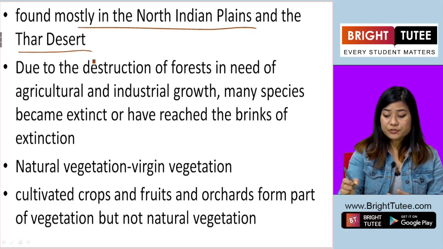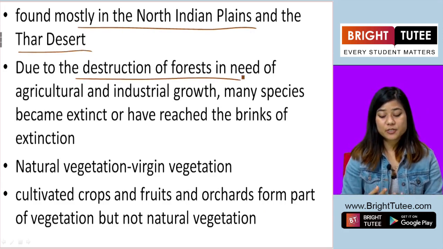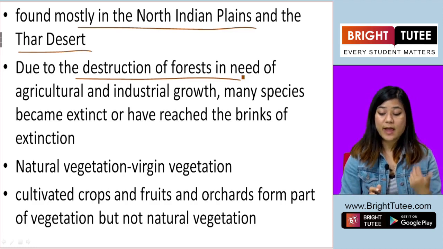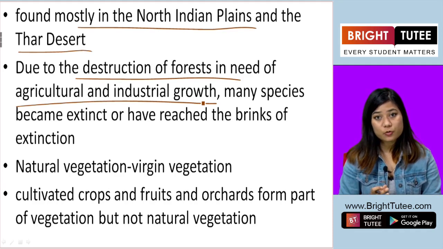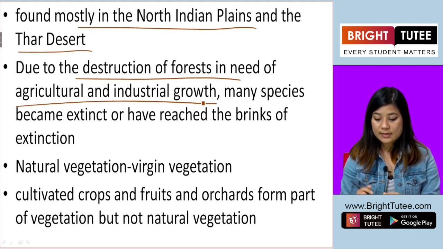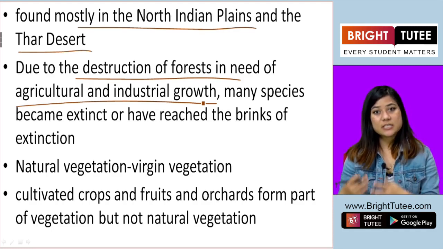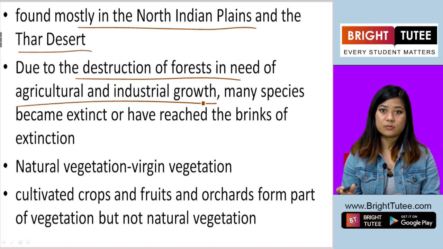Now due to the destruction of forests, forests are destroyed when the land is needed for agriculture, when the land is needed for industrial growth, for the settlement of human beings, for people, right? Because of such needs, the forests are destroyed. They are cut down.